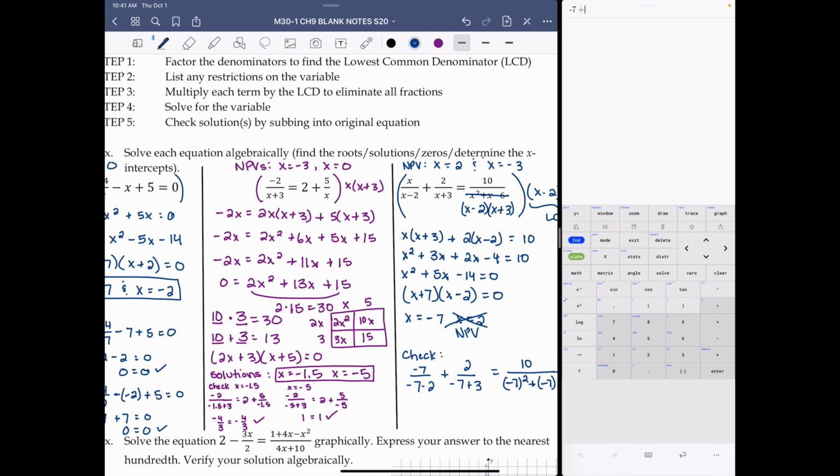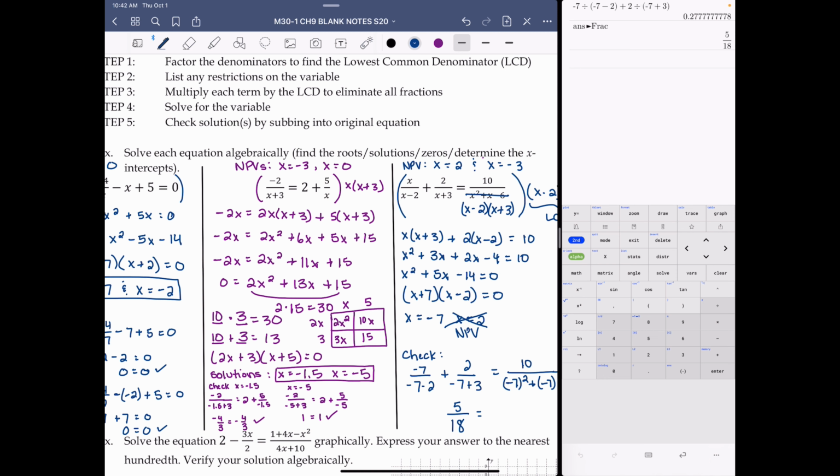Negative 7 divided by bracket negative 7 minus 2 close bracket plus 2 divided by bracket negative 7 plus 3 close bracket, enter, we get 5 over 18.